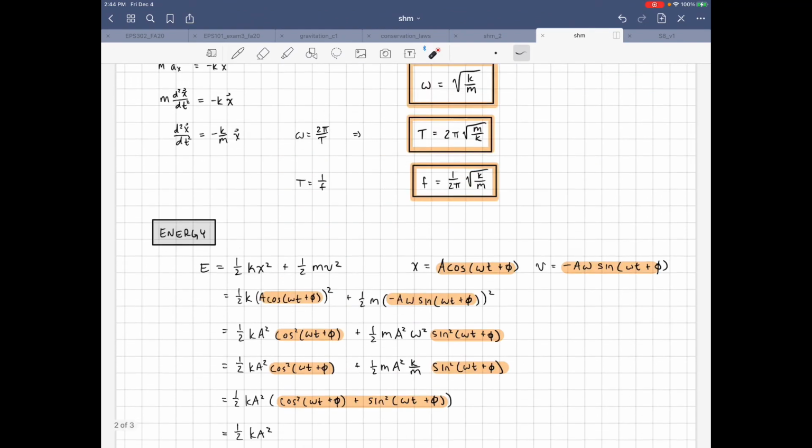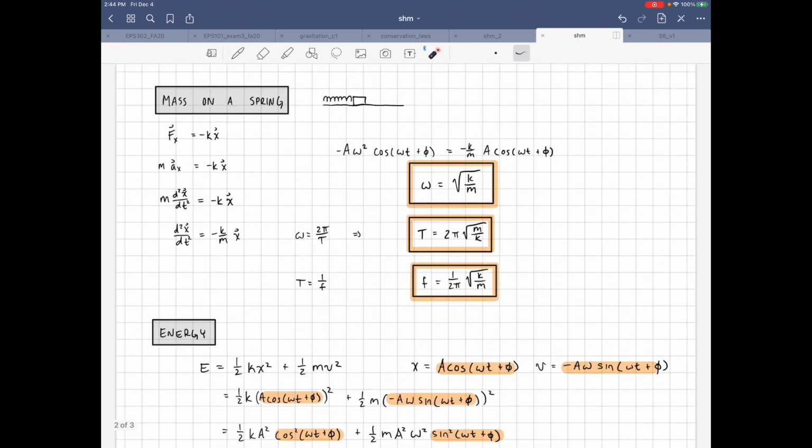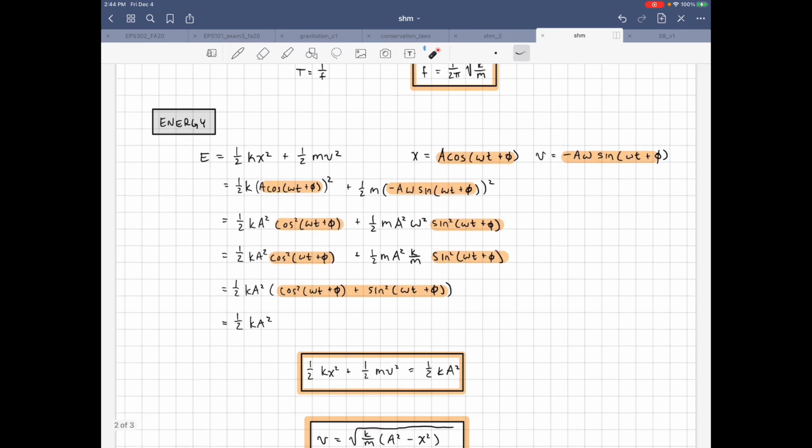It doesn't matter if we are all the way out at the edge when we're not moving at all, but the spring is stretched the most, versus moving right through the middle where the spring isn't compressed at all, but the velocity is the largest. And then down here where it's compressed the most but not moving anymore. At any of those times, the total energy remains the same.